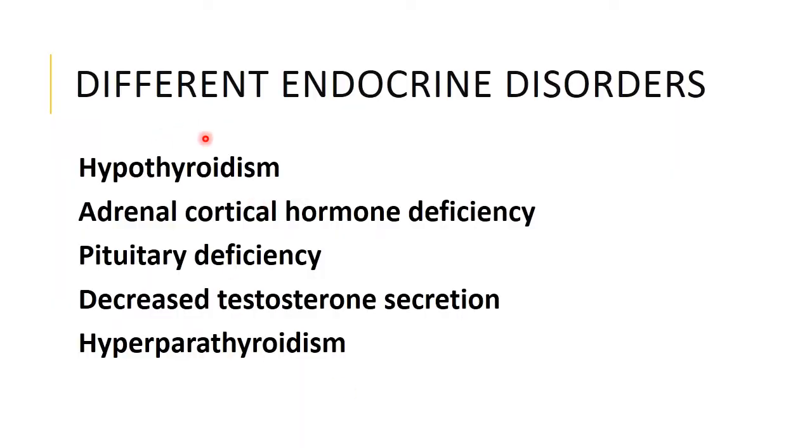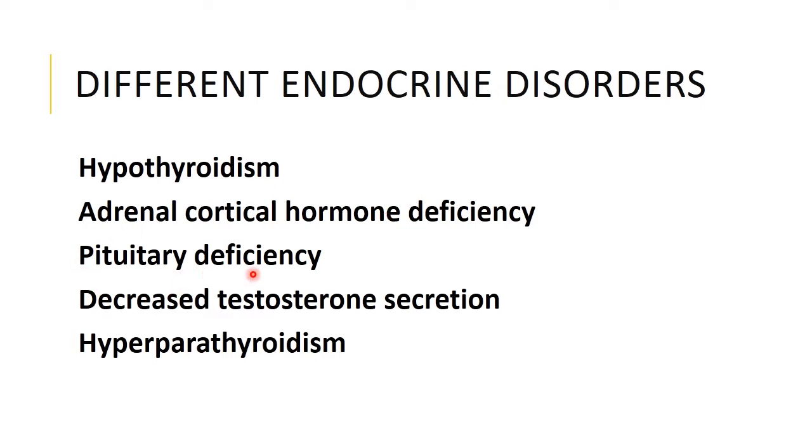So anemia due to endocrine disorders are of different types. There is a list of endocrine disorders called hypothyroidism, that means thyroid hormones are secreted in less quantity. Adrenocortical hormone deficiency, that means there is decreased production of ACTH hormone, which is produced by the pituitary gland.